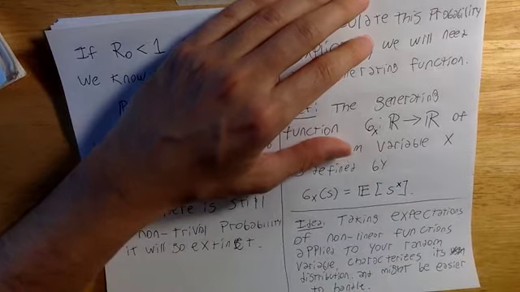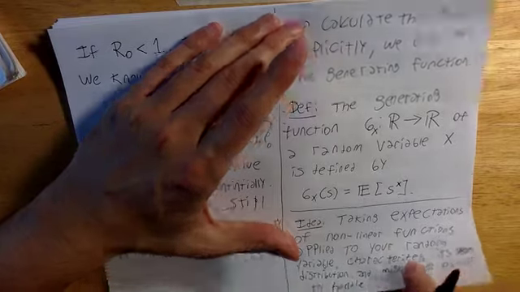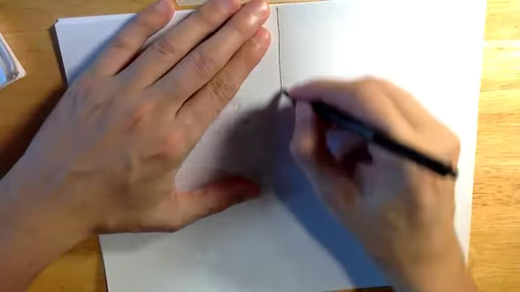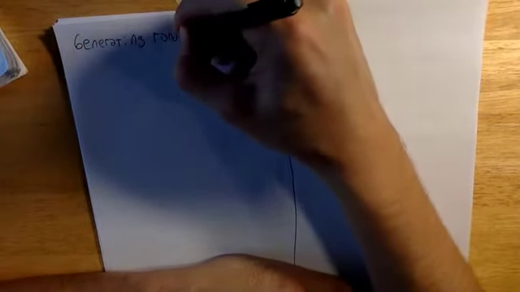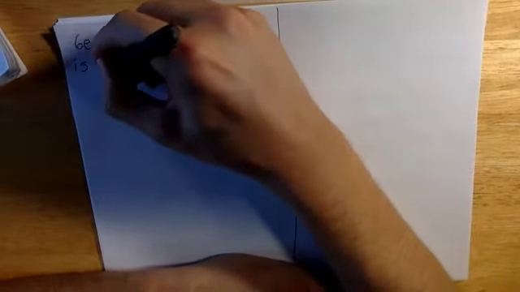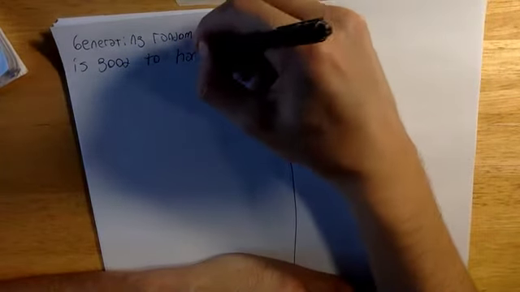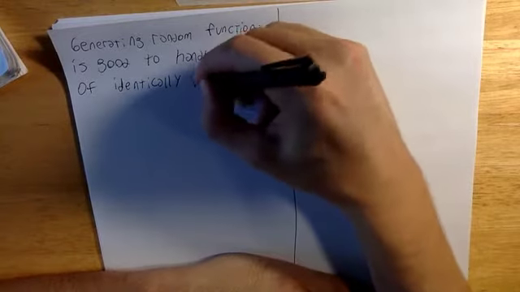Okay, and this is something that we're going to see. So the generating function is good to handle sums of identically distributed random variables.